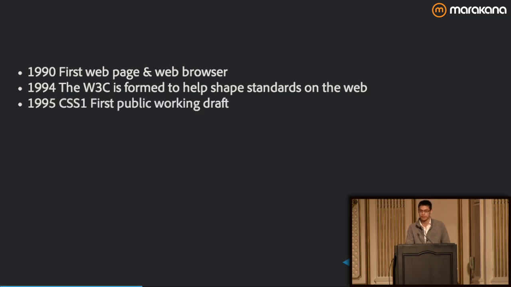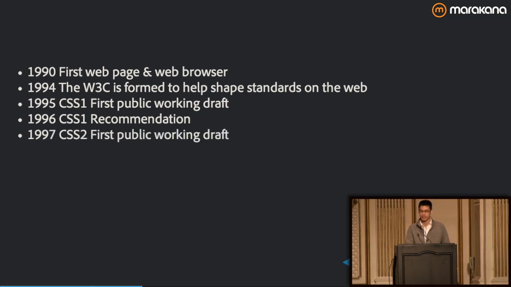In 1995, we get the first public working draft of CSS1. This moves very quickly, and in 1996 becomes a recommendation. So you can see there's basically a one-year turnaround from writing that to getting it as a W3C recommendation. In 1997, we get the first public draft of CSS2, and in 1998, that goes on to become a recommendation.